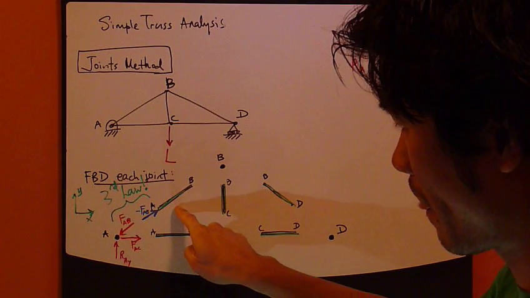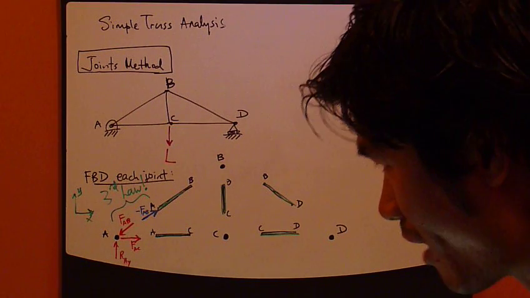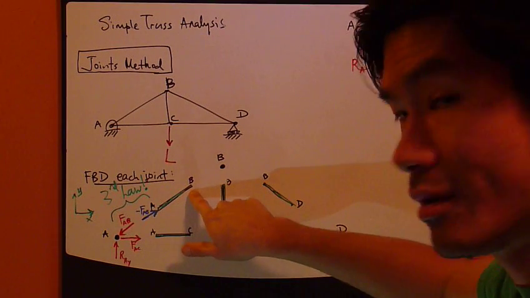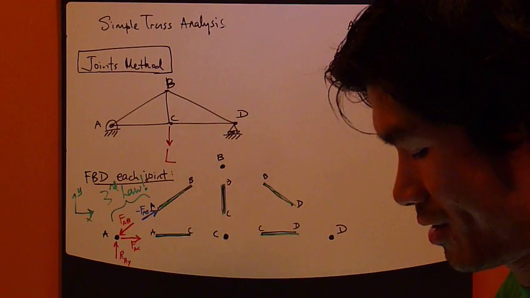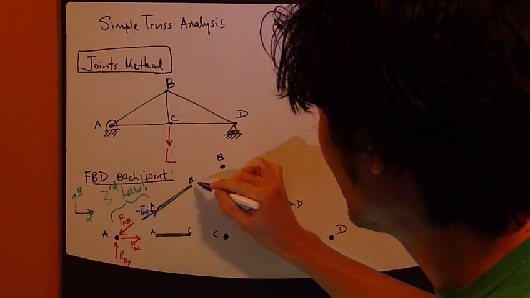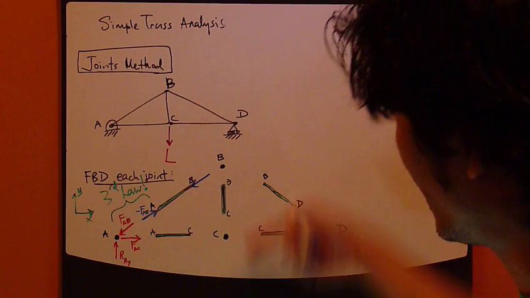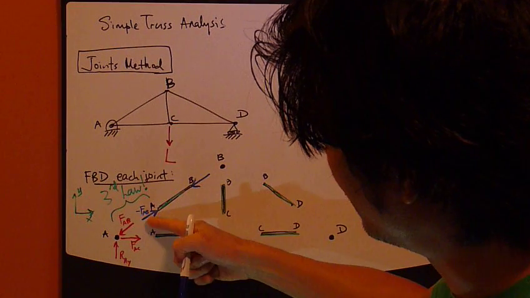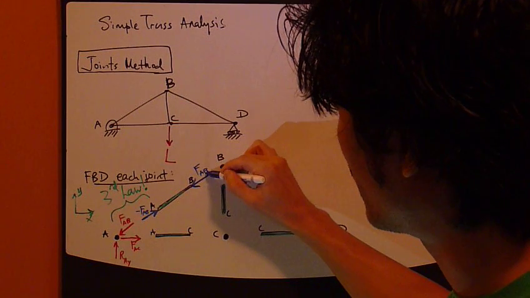At the same time, in order for this member to be in equilibrium, and knowing that this is a simple truss, and simple truss means each member is a two-force rigid body, a two-force member, that means this is the first force, the second force must be pointing this way, along the same direction as AB, but the opposite direction of this one right here. Since this is a negative FAB, I'm going to call it positive FAB.